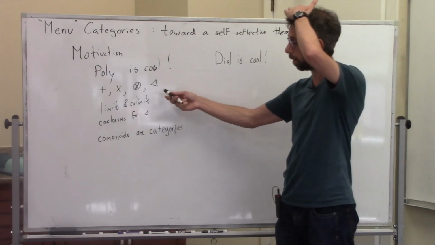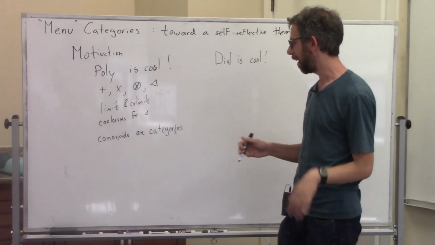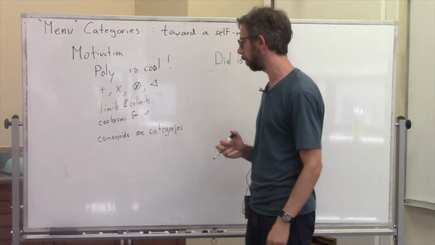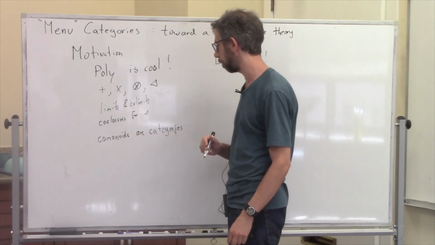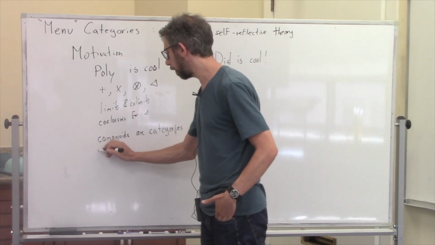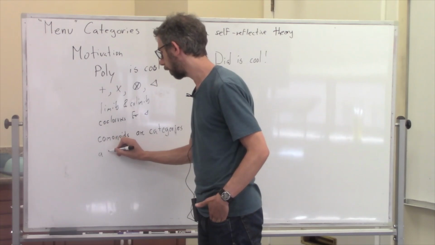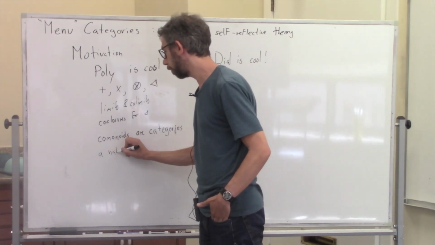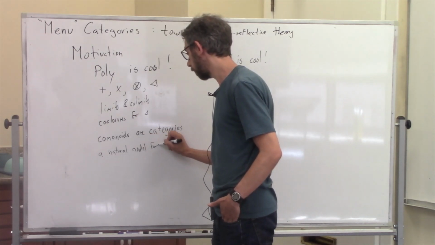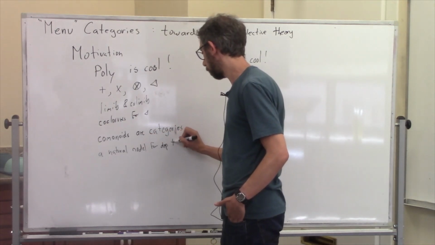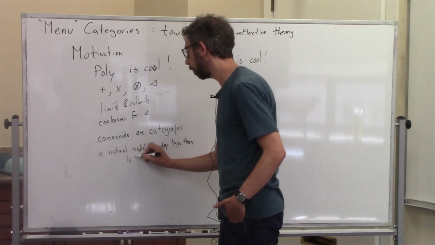You're looking in this category, maybe you found it because you like dynamical systems that interact in some weird way, and you find that Ahman and Uustalu proved that comonoids in Poly are exactly categories. Every category is one of these, and every one of these is a category. And then Steve Awodey proved that a natural model for dependent type theory is a polynomial monad.